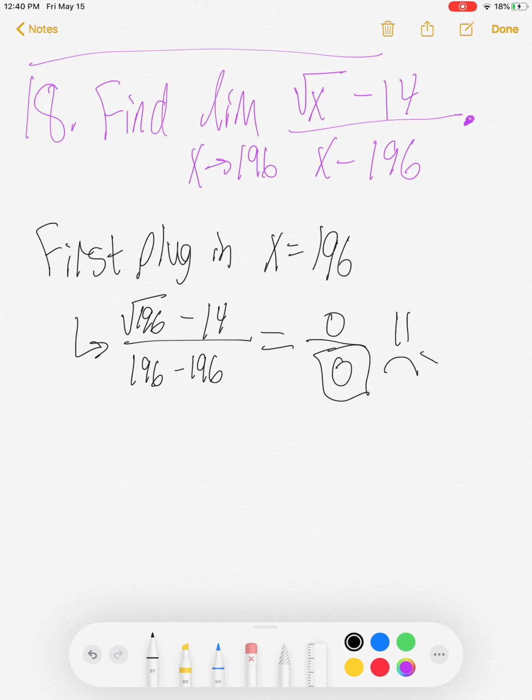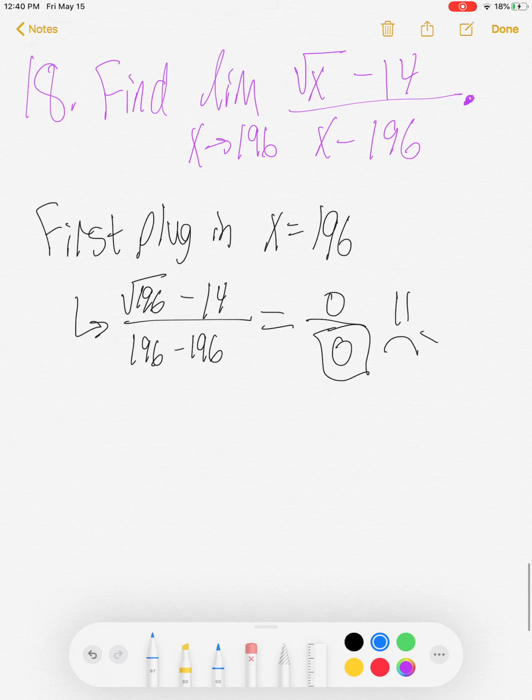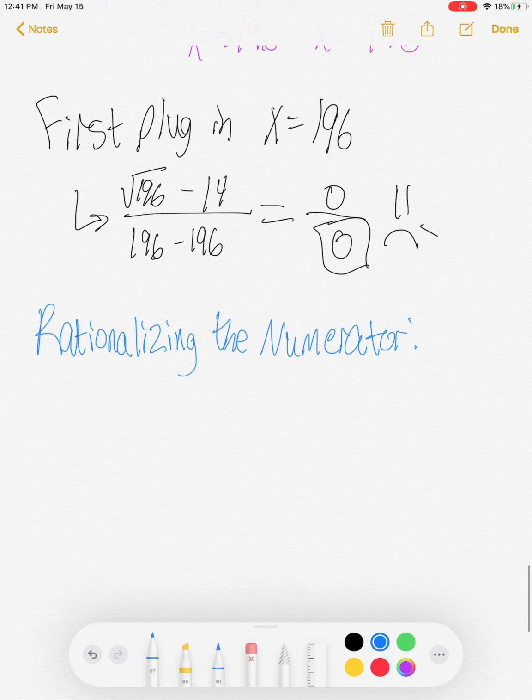Now here, the last couple of times we were able to do some very nice factorizing, but I don't see anything that we can factor here. Like I don't see any squares or cubes or anything that we can break down. So what we're going to do is use a fancy trick called rationalizing the numerator, and it goes a little something like this.